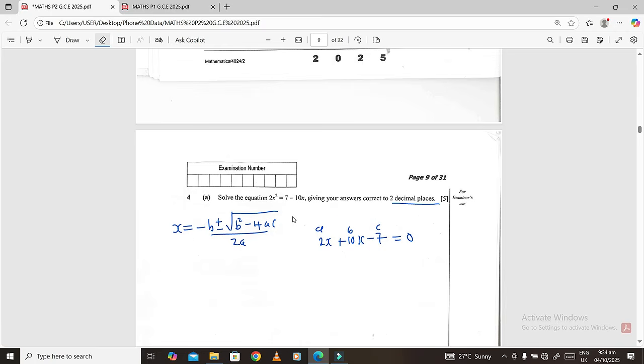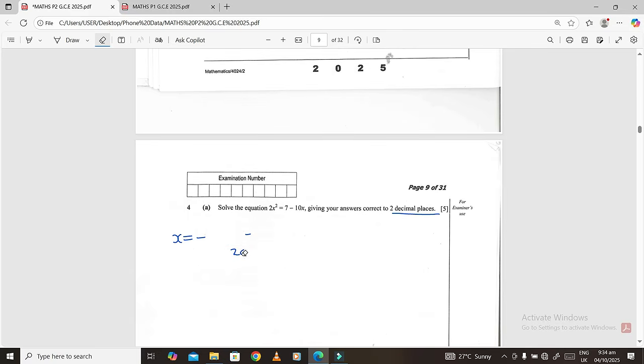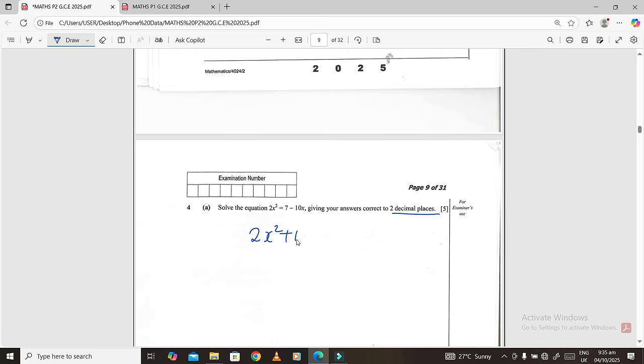It's not a lot of things, just a few steps. So the few steps that you need to do is just to group the like terms with the x variable. So 2x power 2 plus 10x, it will be equal to 7. So this side leave the 7, okay? So this is what you're supposed to do.